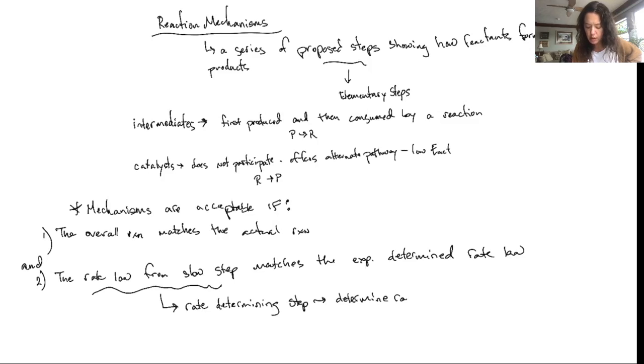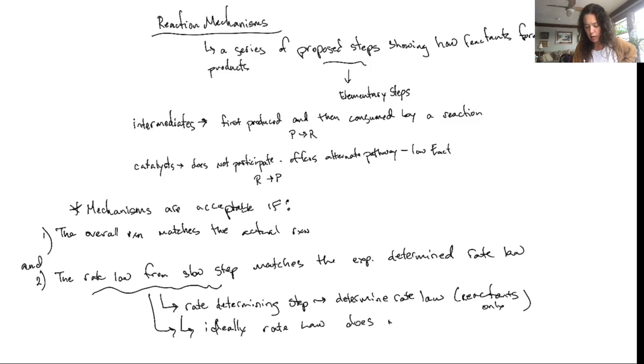We won't treat it like it is an elementary step, so we'll pay attention to reactants only, and we will not be concerned with our products. And ideally, the rate law does not contain an intermediate.